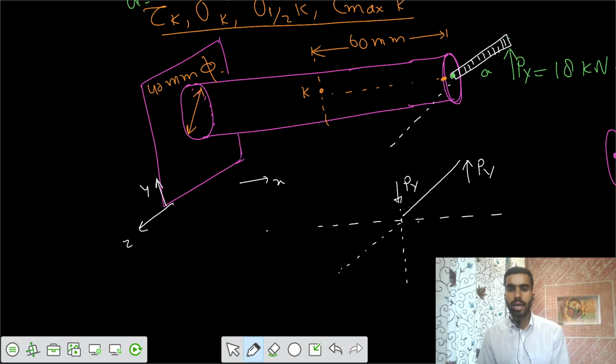The load is in the y direction, and the rod is in the z direction.